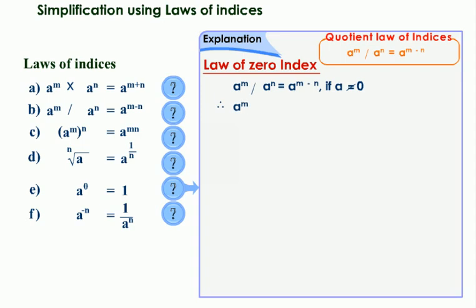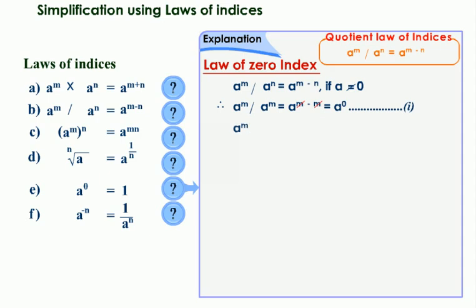Therefore, a^m divided by a^m equals a^(m-m), which is equal to a^0. Now let this be equation 1.